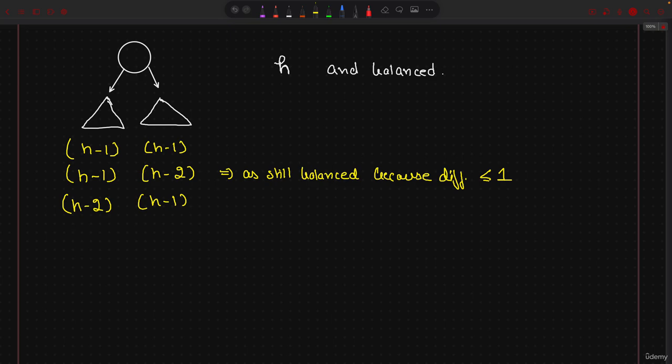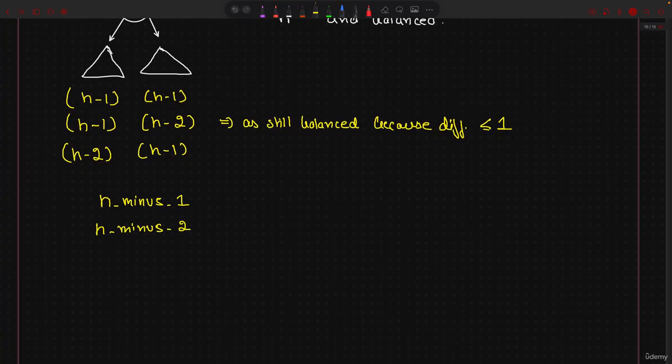So all I have to do in this particular question is ask my recursion, hey, get me the h minus 1, and get me the h minus 2. Once I get these answers from my recursion, all I have to do for my answer, let me write it down in green, is say that my answer is going to be something like this.